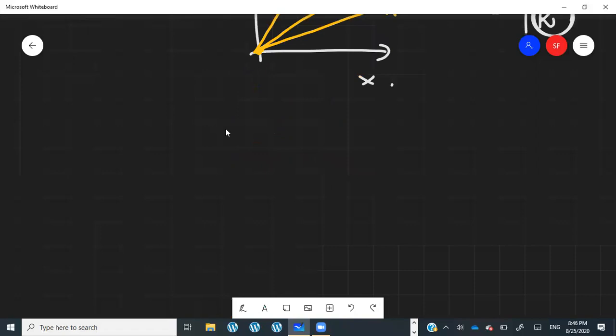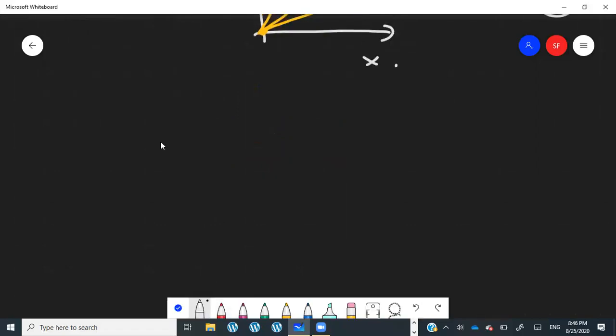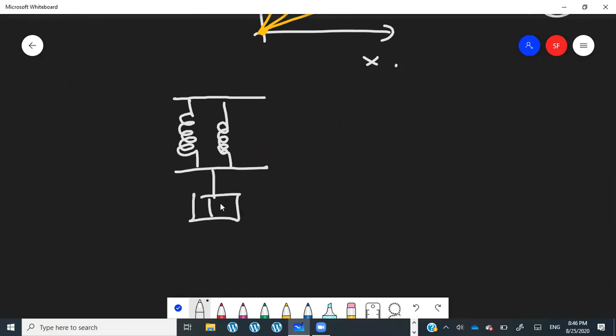There's another way of looking at this as well. So basically, if you have two springs which are attached in parallel to one another to a force F, this force will get divided between these two springs, and each spring will experience a force of F upon 2.